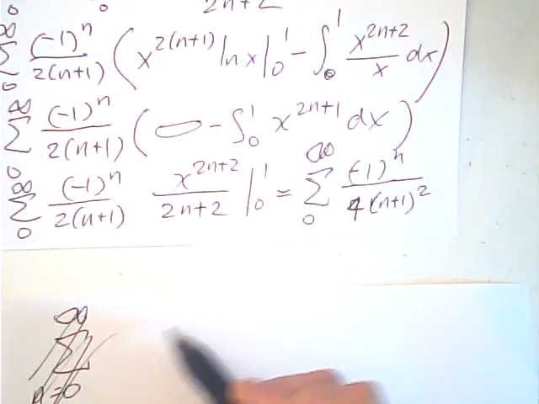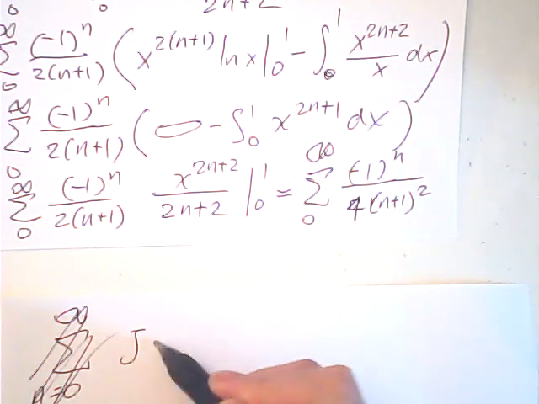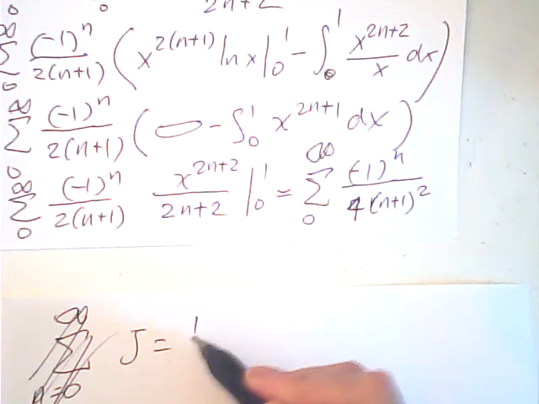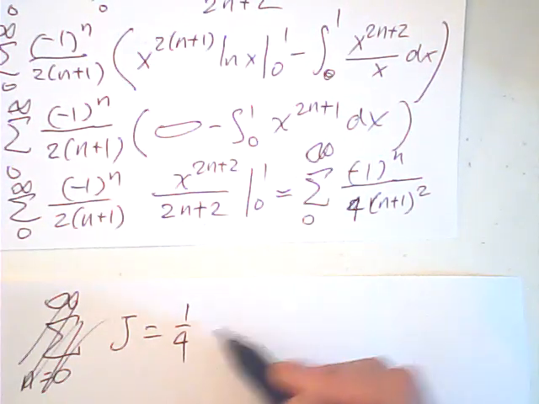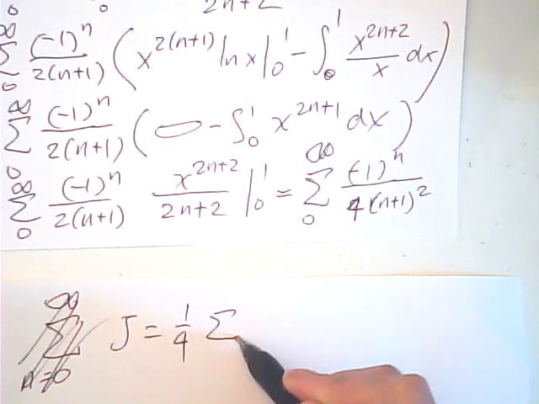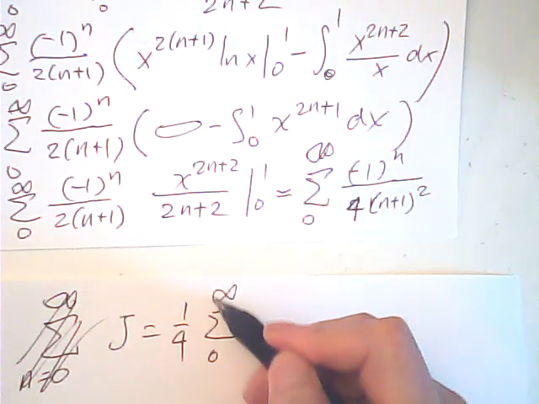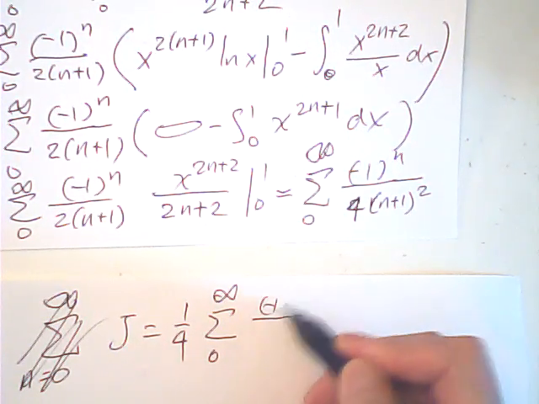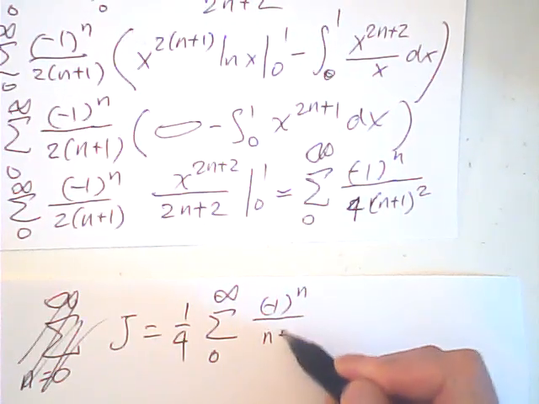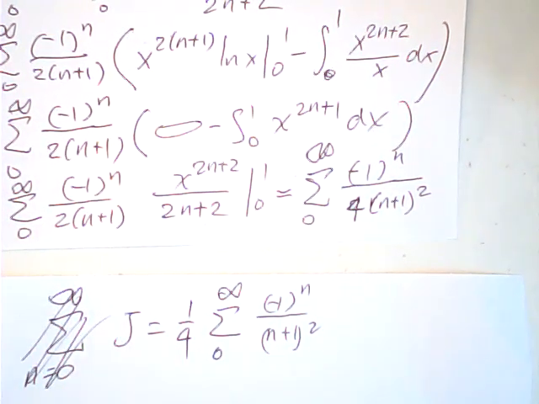So let's continue. J is equal to, I take 1 over 4 out, sum from 0 to infinity, n minus plus 1 square.